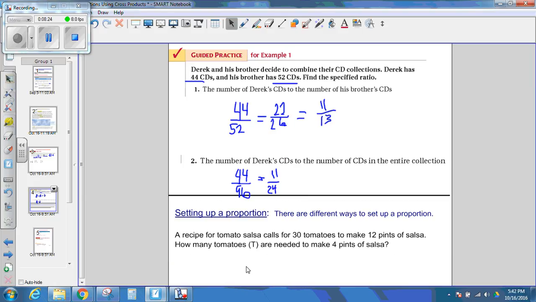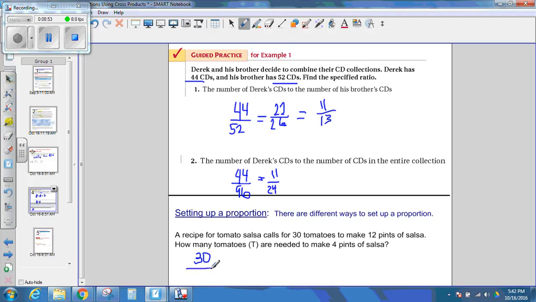Okay. So, we know that 30 tomatoes makes 12 pints of salsa. We need to figure out how many tomatoes make 4 pints of salsa. So we have 30 tomatoes. We're going to try to set up a ratio and then find a proportion.